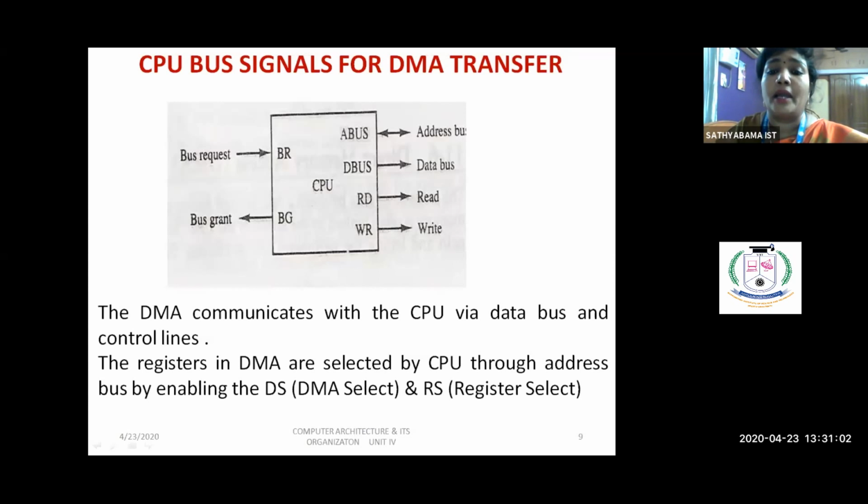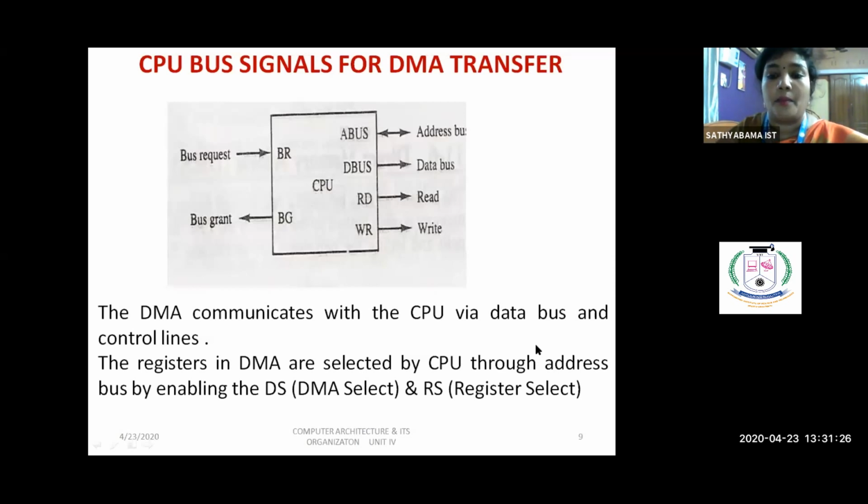The DMA communicates with the CPU via the data bus and control lines. The registers in DMA are selected by the CPU through the address bus by enabling DS and RS. DS is nothing but DMA select, RS is nothing but register select.